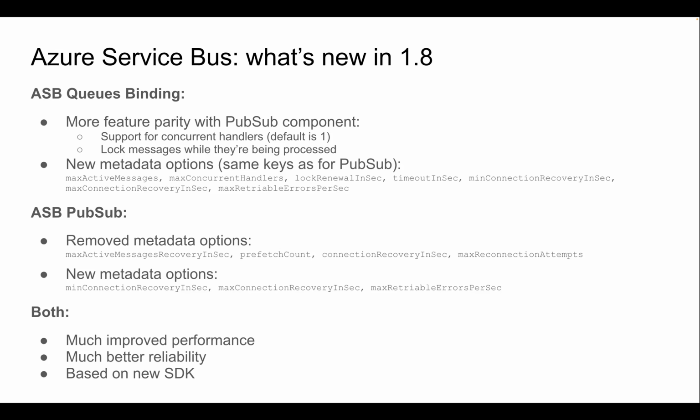For PubSub, there are two things that I wanted to highlight. We removed a few metadata options and we added new ones. Some of these changes were technically not backwards compatible, but the things that we were doing before that required the metadata changes now happen automatically. So things like active messages recovery and prefetch are not necessary anymore.